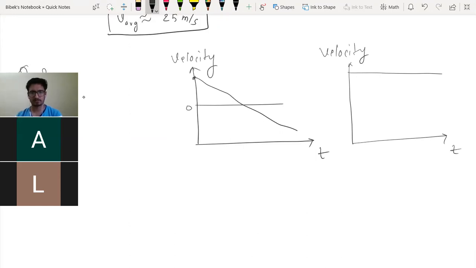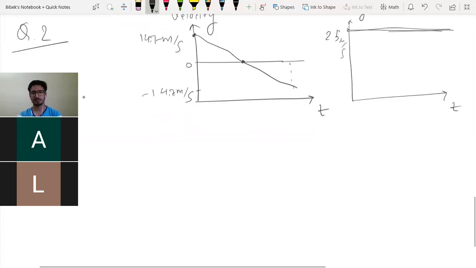The first starts from 14.7 meters per second and reaches 0. The velocity reaches 0 and goes negative, to something like negative 14.7 meters per second. The other starts from 25 meters per second, and it's constant throughout the trajectory of the projectile.